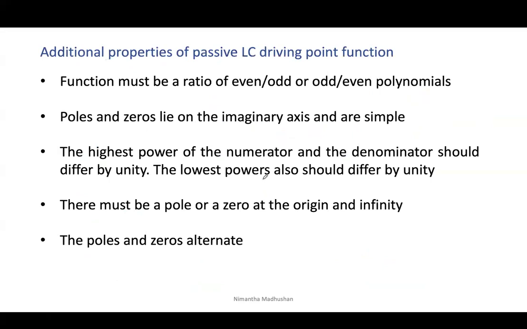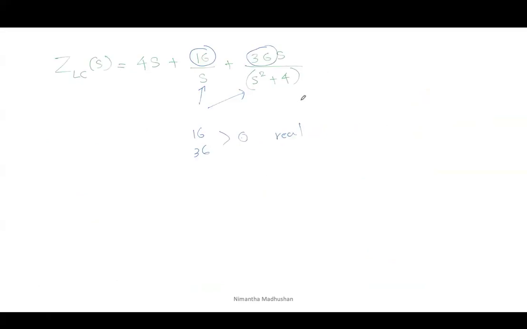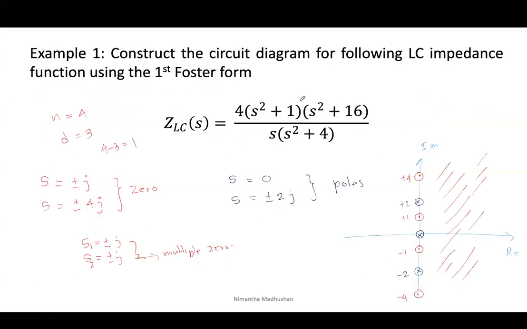And let's move to the additional properties of a passive LC driving point function. The first one is the function must be a ratio of even over odd or odd over even polynomials. In this function, the numerator maximum degree is 4, and the denominator maximum degree is 3.